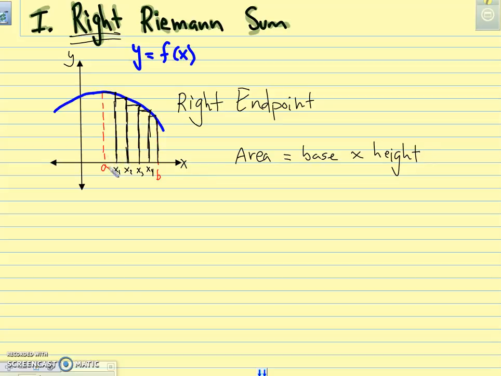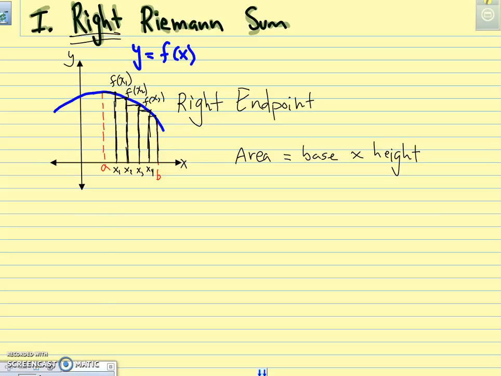If I label this x1, then my height goes up to f of x1. This second rectangle has a height of f of x2. This one is f of x sub 3, and so on. But let me go back to this f of x sub 1.